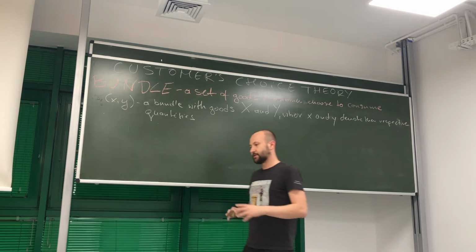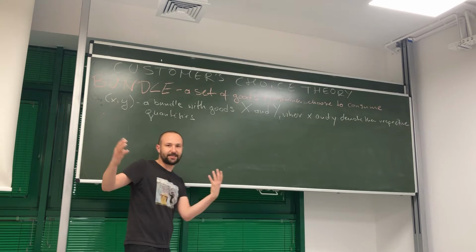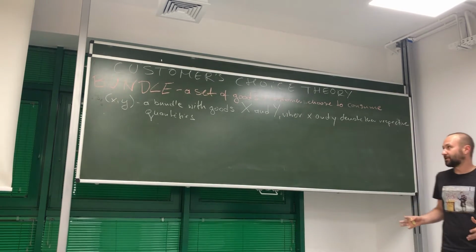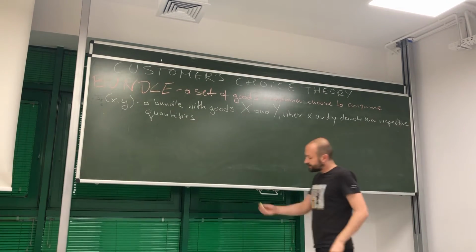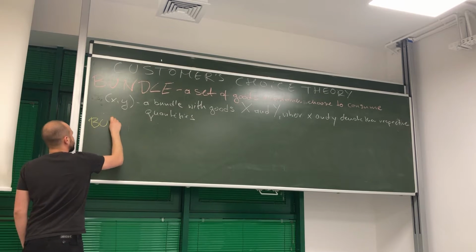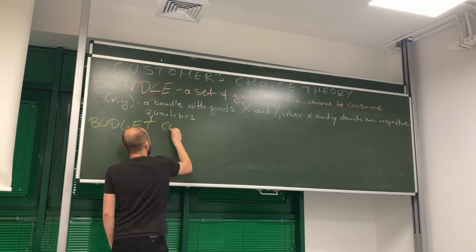In other words, our customer cannot buy as much as he or she wants. The customer is constrained in this case. And this is why the next thing we need to introduce is called the budget constraint.